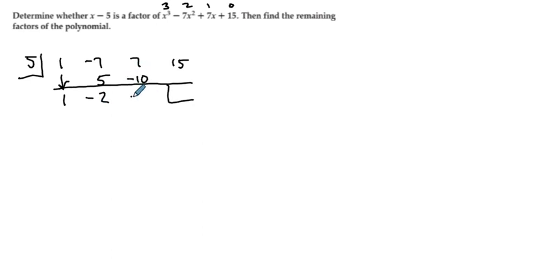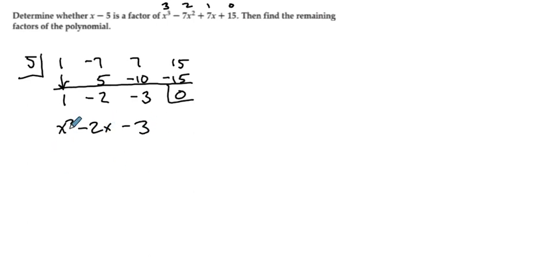And then that gives us -3 because the negative number is larger than the positive, which means your answer is negative. Just treat it like a subtraction problem: 10 minus 7. And then you get your answer. All right, 5 times -3 gives me -15, and this worked out. Okay, and so now that means my depressed polynomial is x squared minus 2x minus 3.